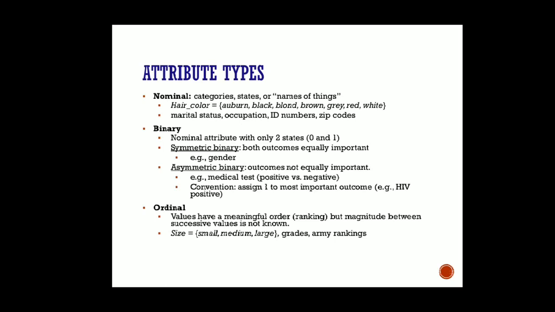But if we focus on hair color, you cannot just categorize them. It can be any number. It can be black, it can be brown, it can be gray, it can be red, it can be white. So this falls under the name of things. Okay, then say zip codes.